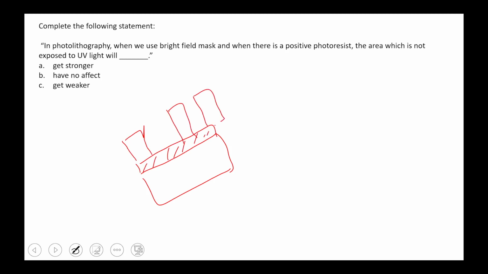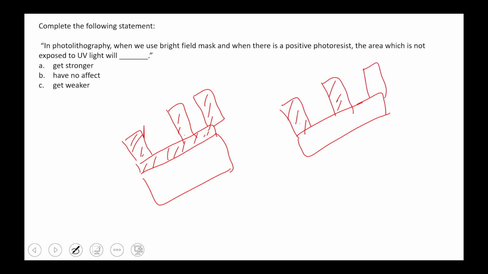What will happen after developing? These will remain. This unexposed area will be removed.